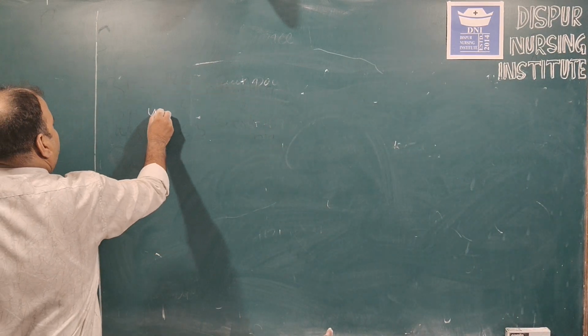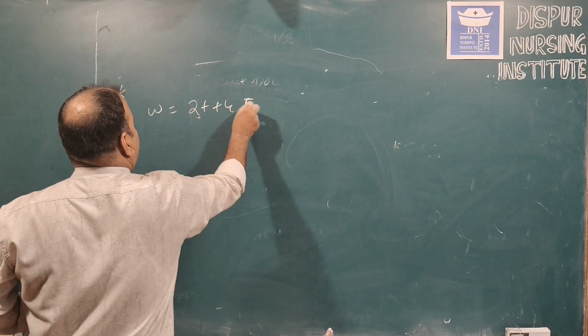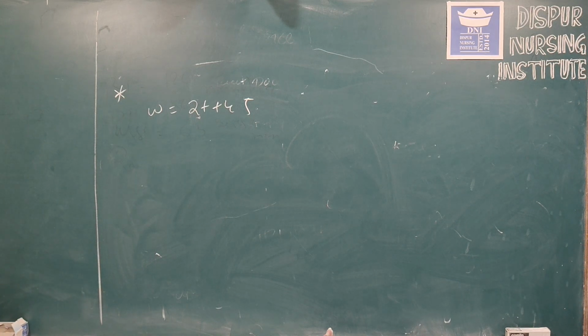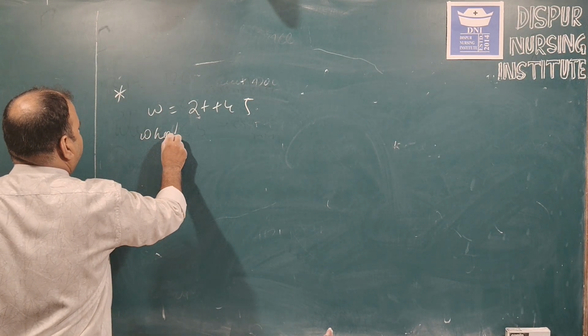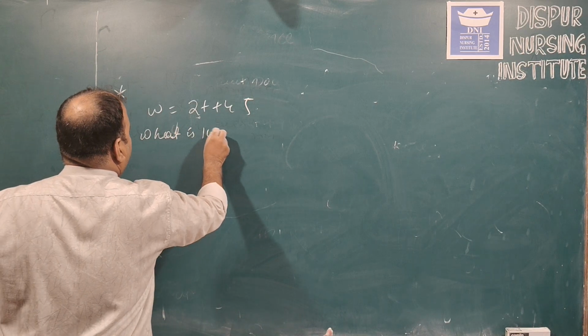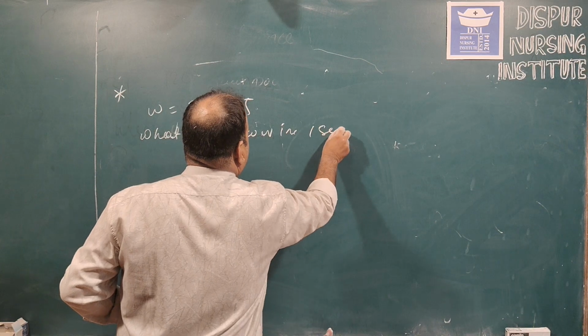Suppose work done is given as 2t plus 4 joule. What is the power at 1 second?